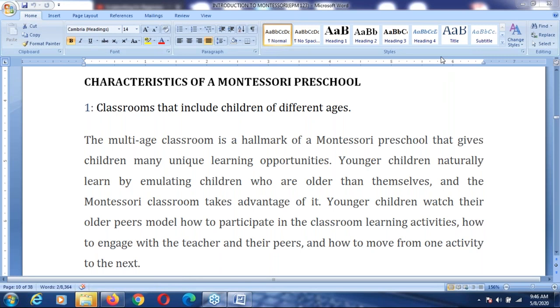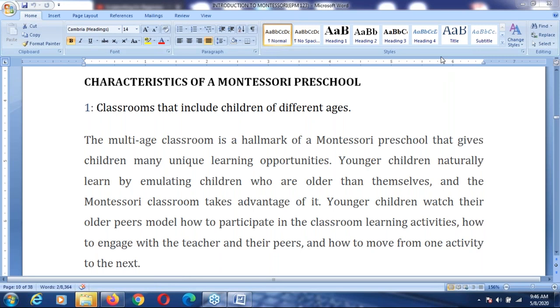As a child engages in this child-centered approach, he tends to discover his own path to learning. It helps children to be responsible.